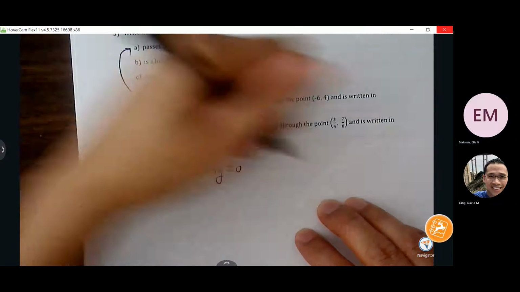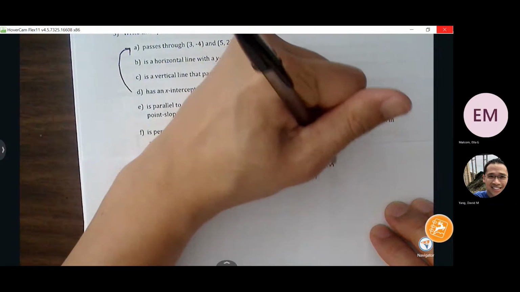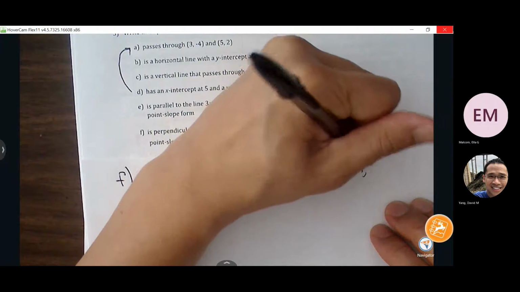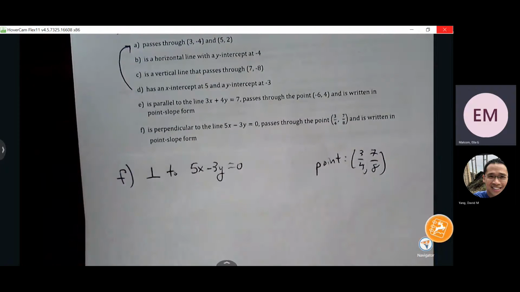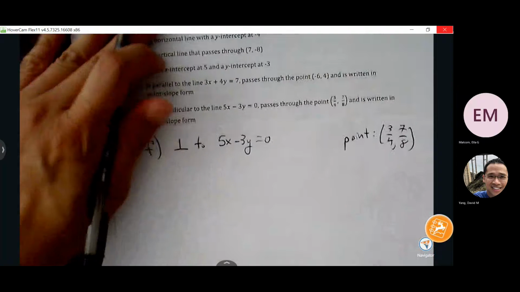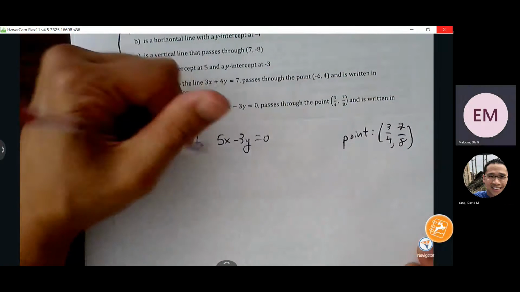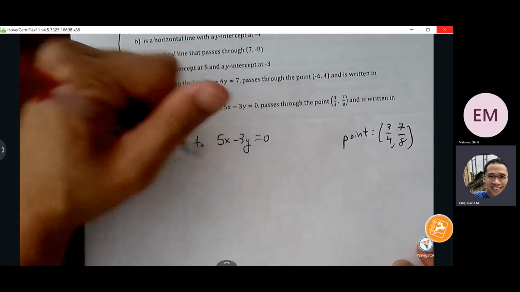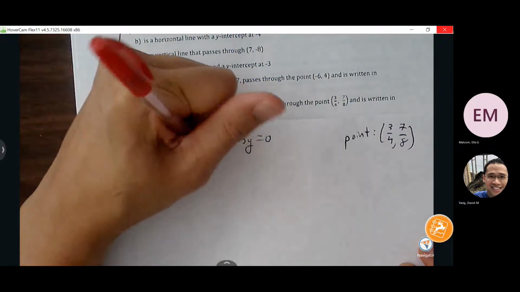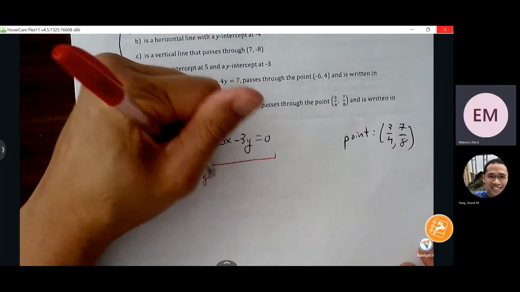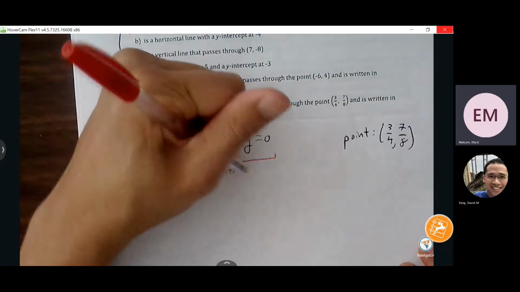Perpendicular. You're going to do the same thing initially.